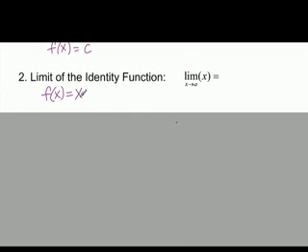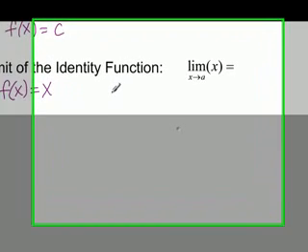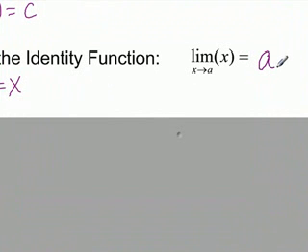When you consider the limit as x approaches a of that function, you have to ask yourself, what value is x getting closer to as x gets closer to a? That's got to be a. So when you take the limit of the identity function x as x gets closer to a, your function value is getting closer to a.